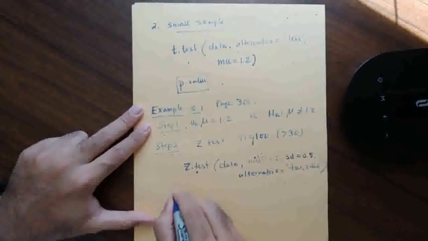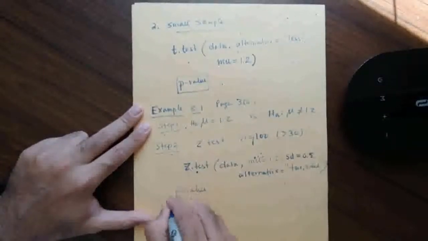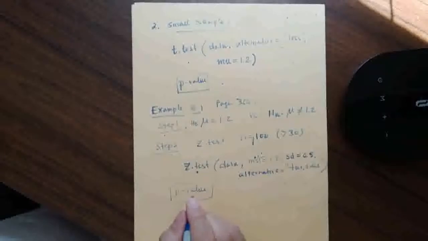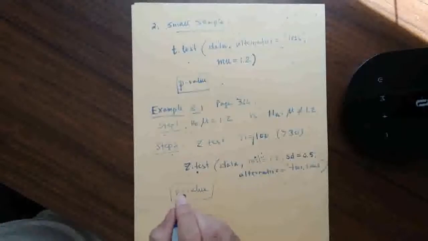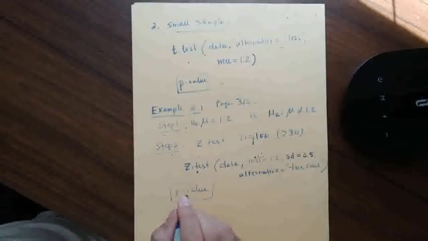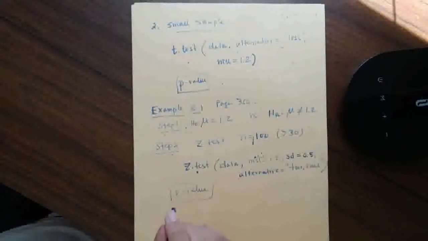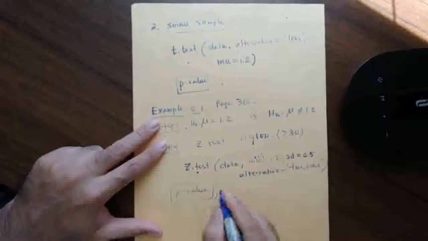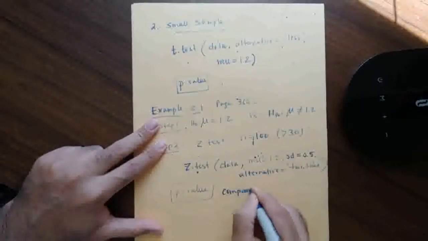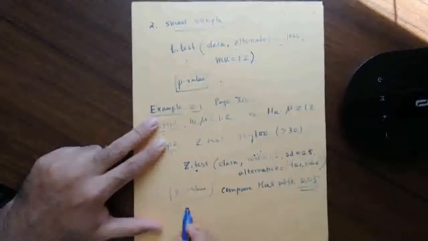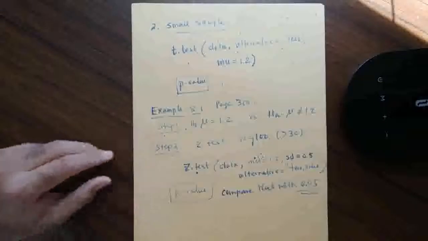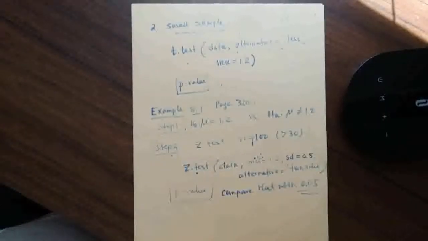And then finally you get a p-value. So once you get the p-value, you compare that with 0.05. If it's less than, then you reject. If it's greater than, you fail to reject. So that's pretty much the idea.